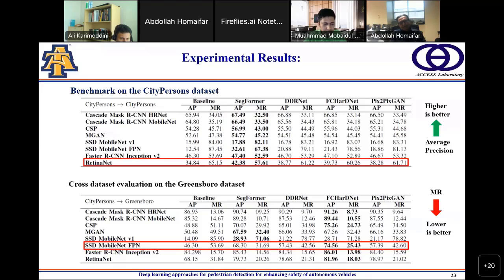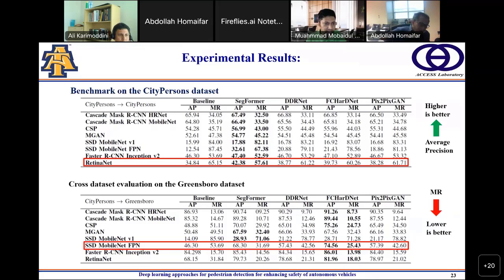Right. Let me ask another question. Yes, Professor. Since your average precision is under 70, for the best one that you are showing here, is this something that you can live with? For example, it's a trade-off.